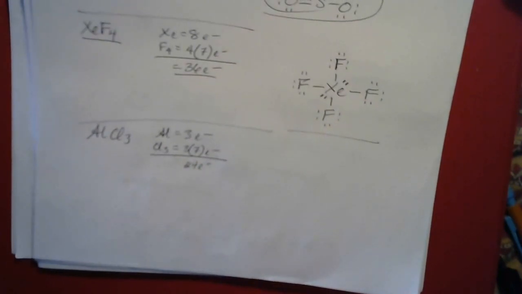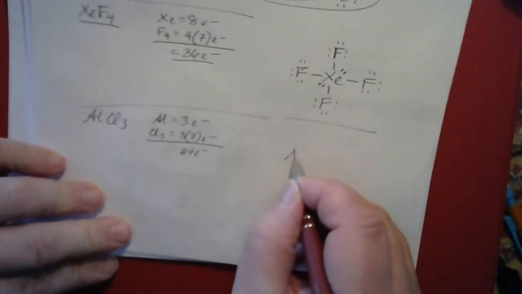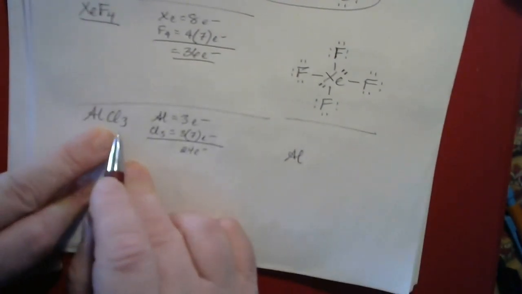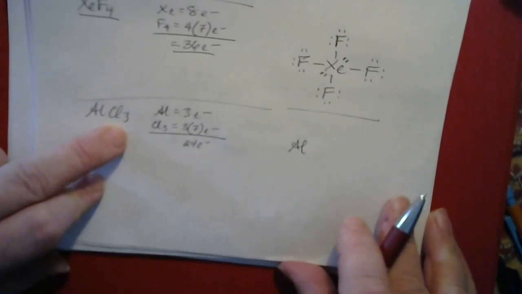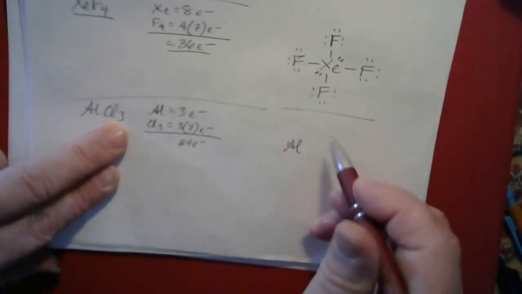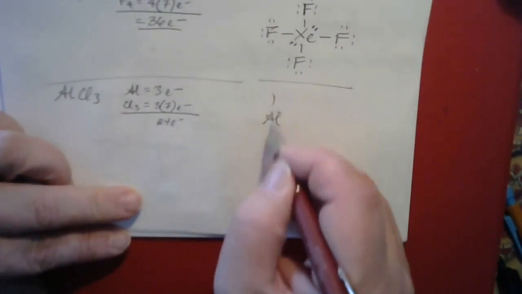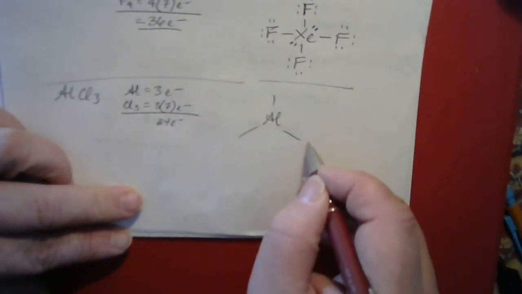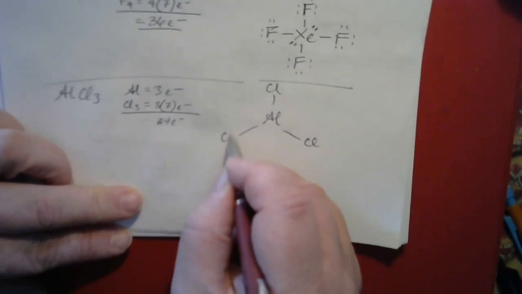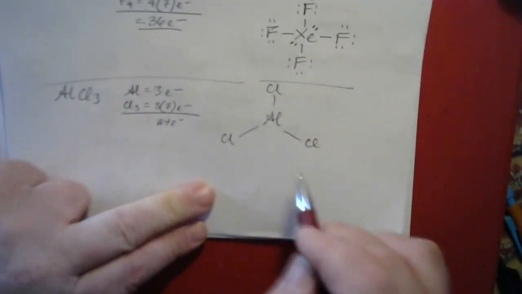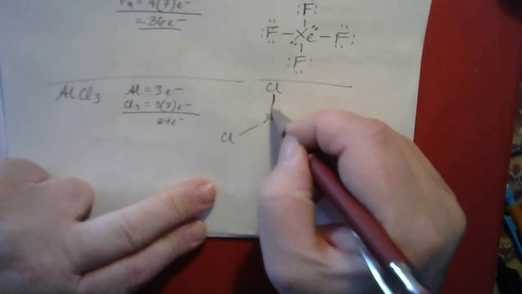That's 24 valence electrons on this molecule. Aluminum is a metal, so that will definitely be less electronegative than any of the nonmetals. And chlorine is one of the more electronegative nonmetals, so aluminum definitely goes in the center. And we put the chlorines around the outside and connect them to the aluminum with single bonds, at least for now.